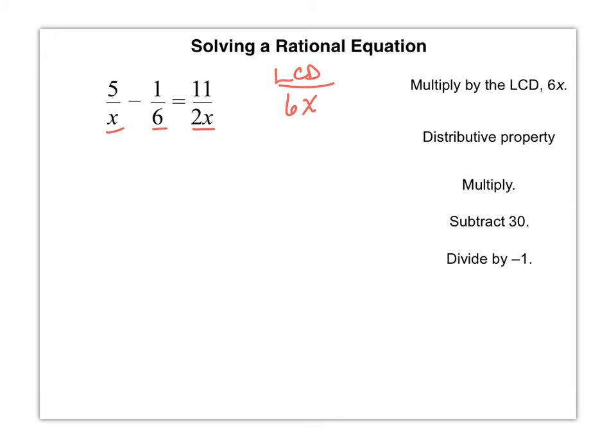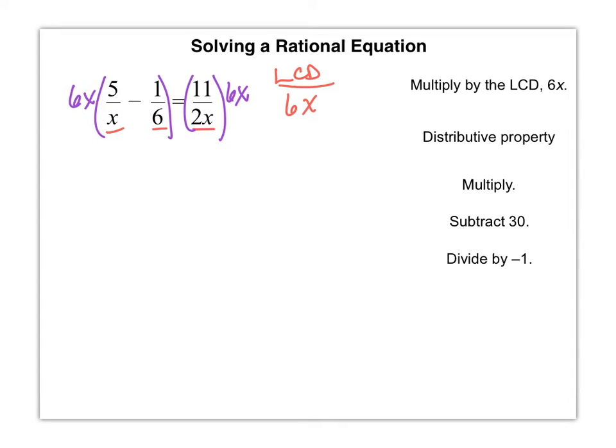Once you find that LCD, you multiply both sides of the equation by the LCD, and something really nice is going to happen when you do that. This equation that started off really complicated with all these different fractions will end up being a simplified equation that doesn't have any fractions. That always happens when you multiply both sides of a rational equation by the LCD.